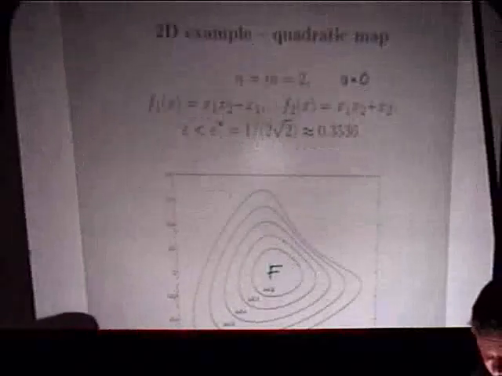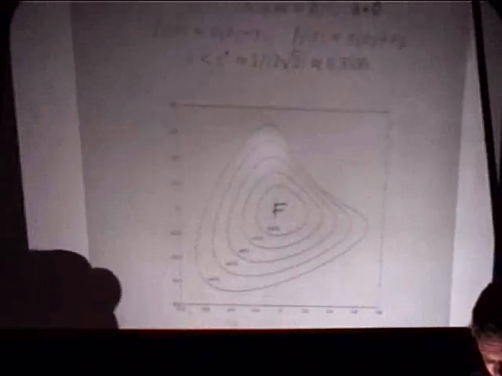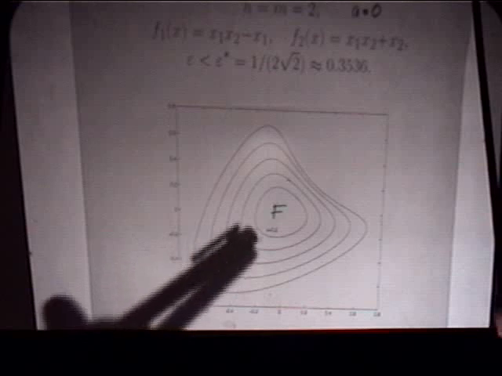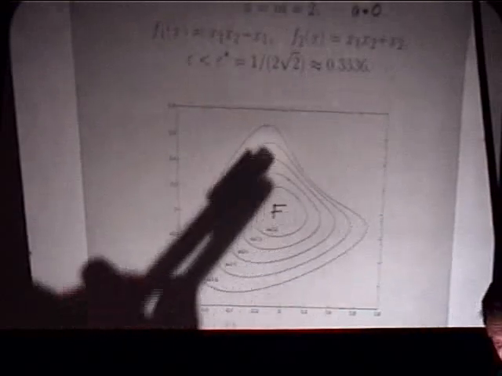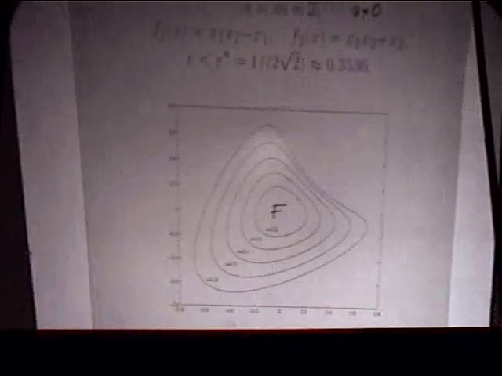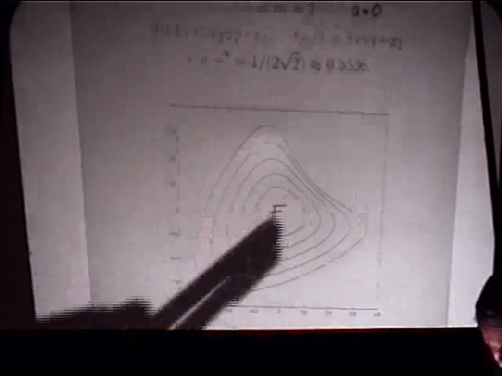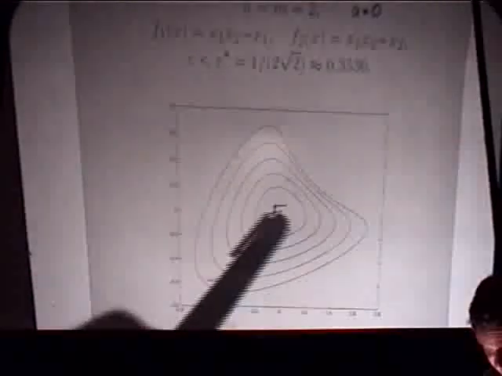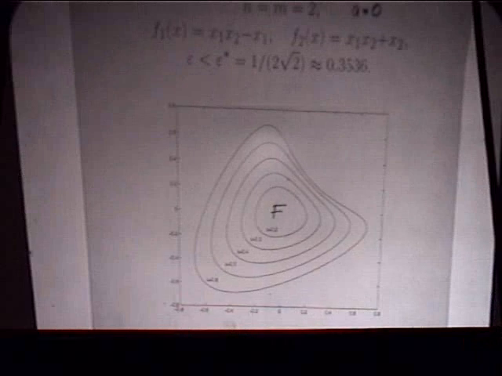The theorem guarantees that if epsilon is less than this constant, then the images are convex. If you calculate these images, they look like this. These are images of epsilon disks for different epsilon. You see that when epsilon is small, the image is convex, and it loses convexity for larger epsilons.